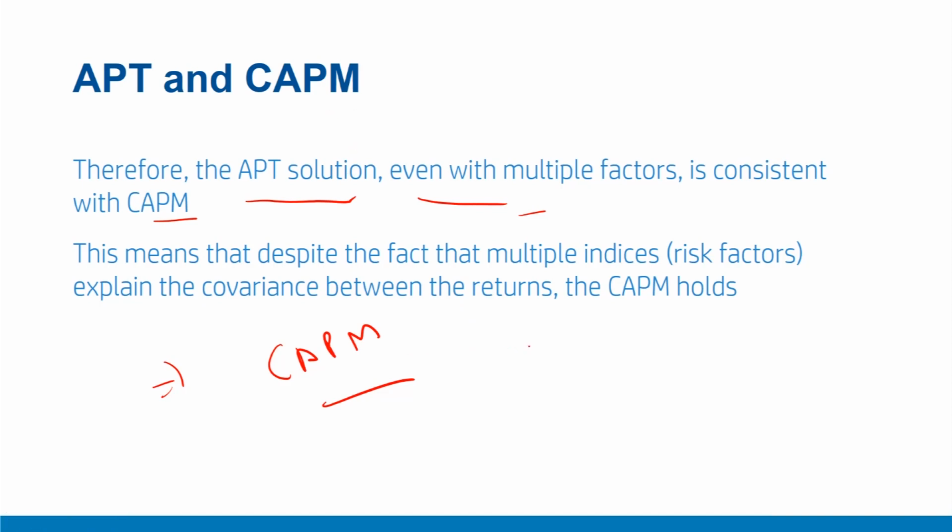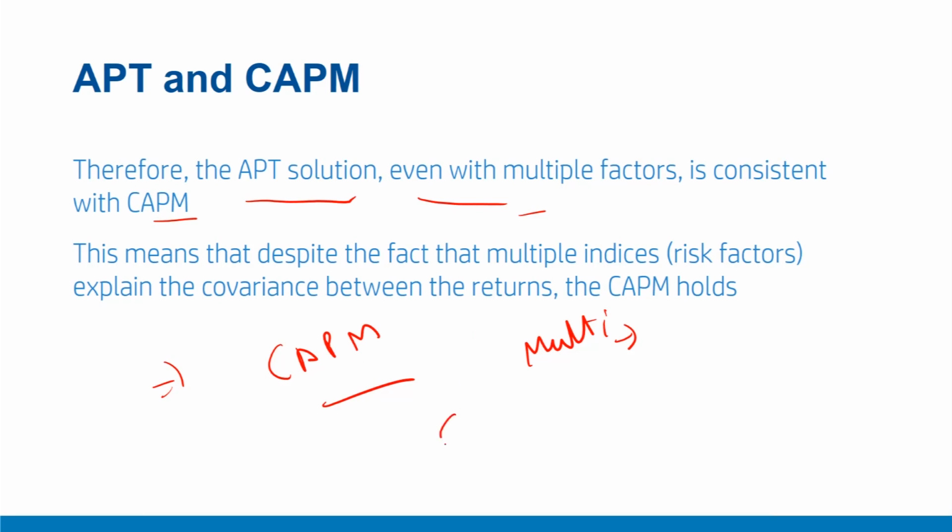So with multi-index return generating process, the APT model that is derived with multiple indices that explain the covariances or co-movements between the stock returns, even there, if we assume CAPM holds, there is nothing that violates that assumption.